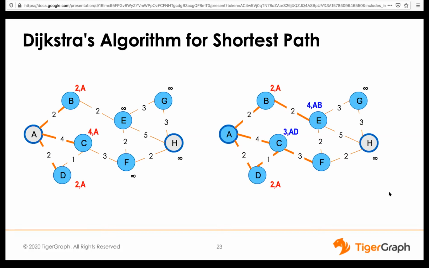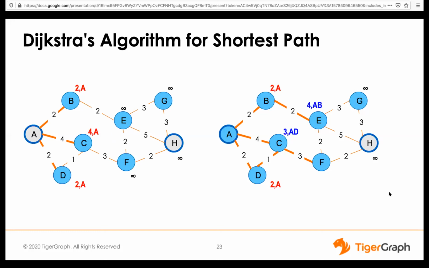Notice C. This is what we talked about, how you update the answer. After just the first iteration, the best answer we had was distance 4 directly from A. After the second iteration, we can now say distance 3. And I got that by going first through AD and then DC.